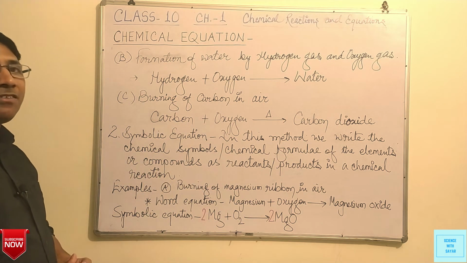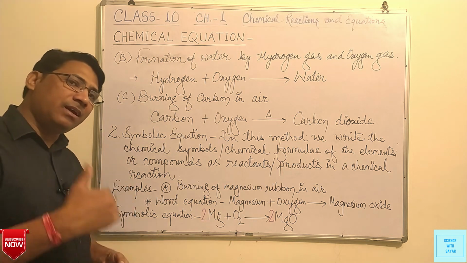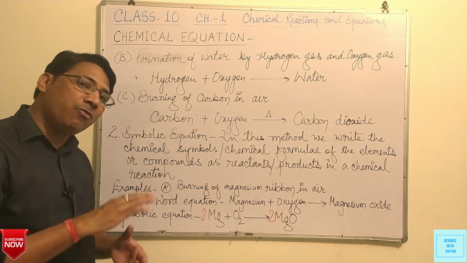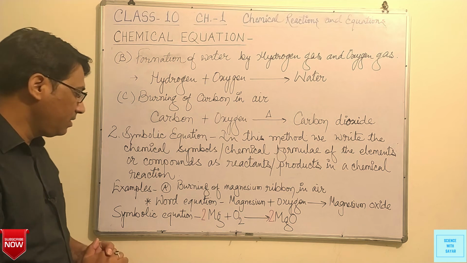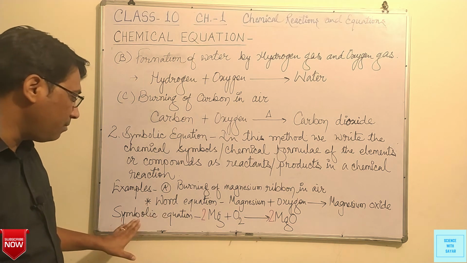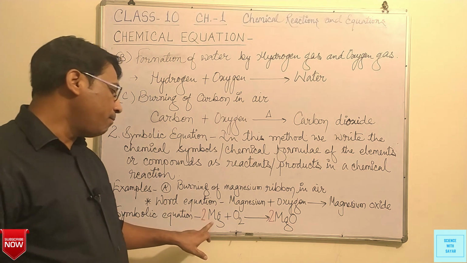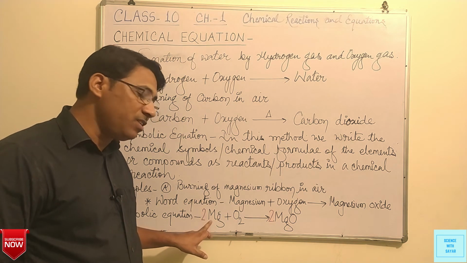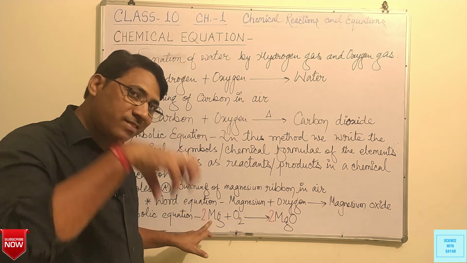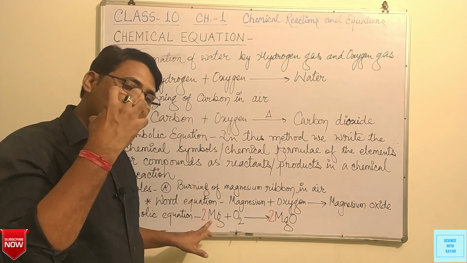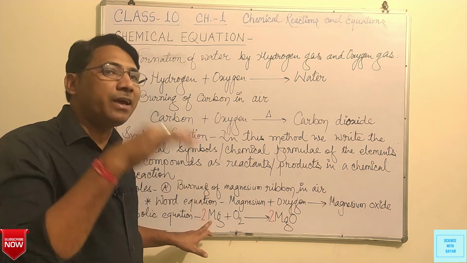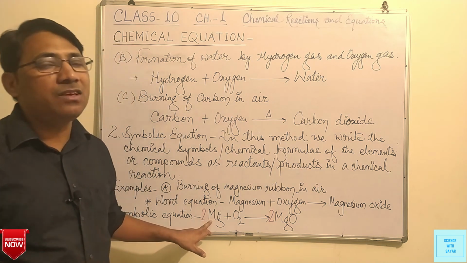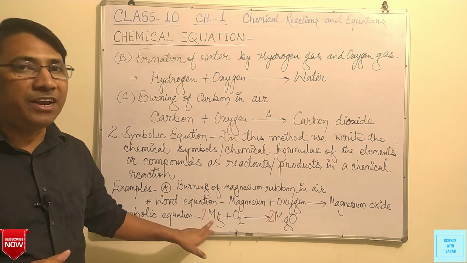It means we will write the symbols and formulae of the compounds or elements. Magnesium is a metal, and its symbol is Mg. It is the shortest way of showing magnesium metal, that is its symbol, Mg.